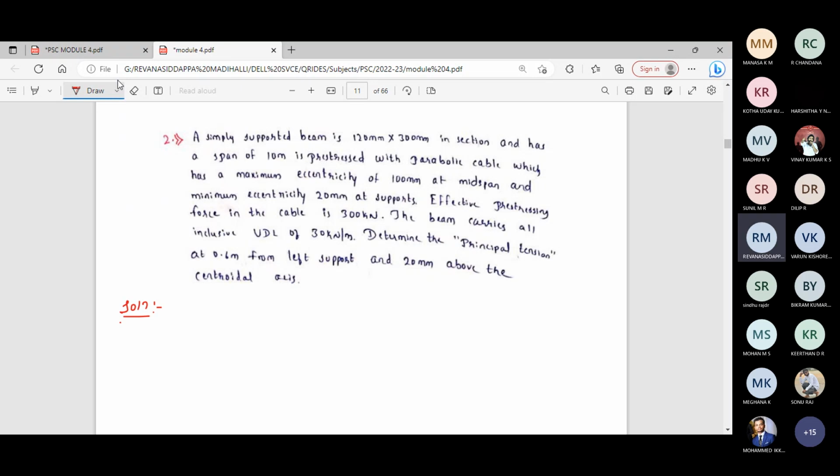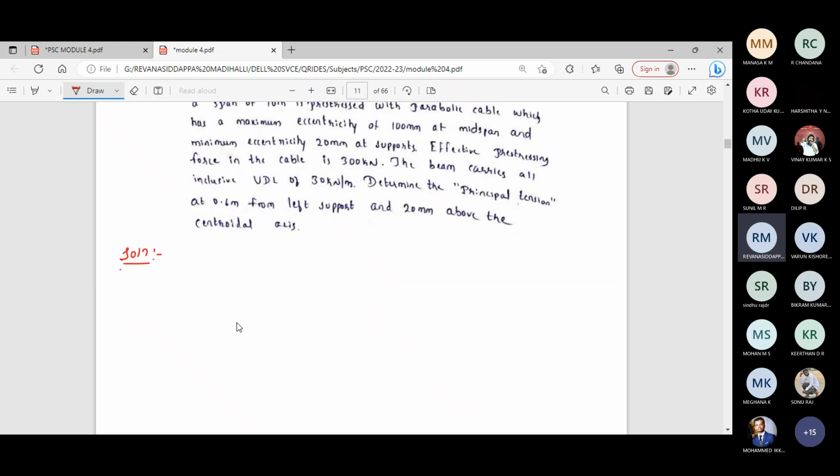A simply supported beam is 120 mm by 300 mm in section. The cross section of the beam is given as 120 by 300 mm, and it has a span of 10 meter.